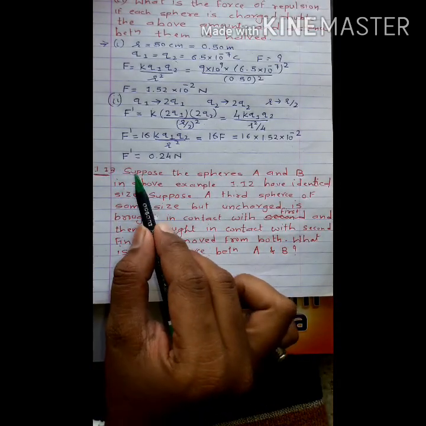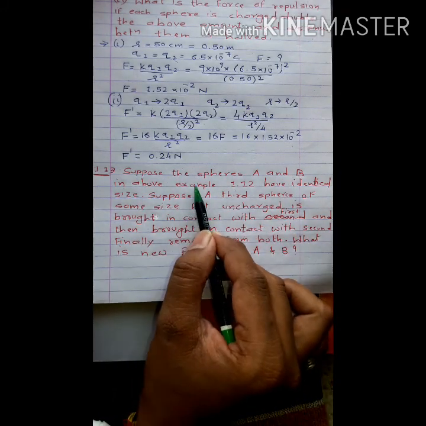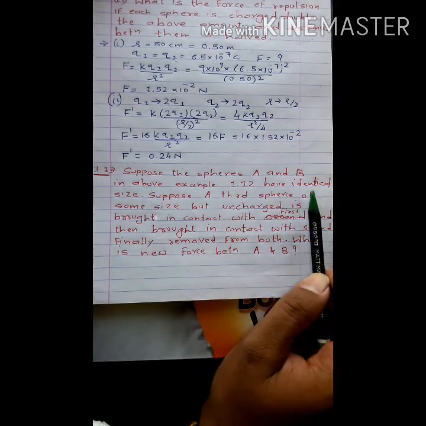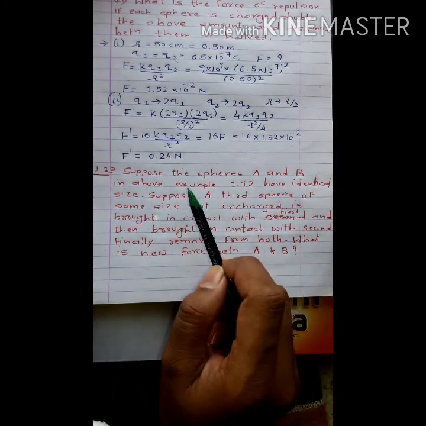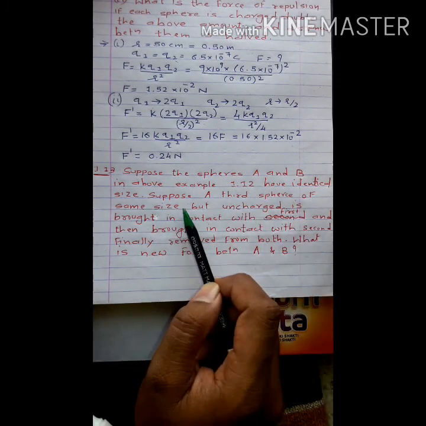Next question: suppose the spheres A and B in the above example have identical size. Identical means the same size. Now suppose a third sphere of the same size.